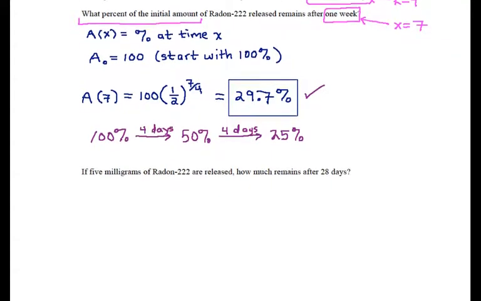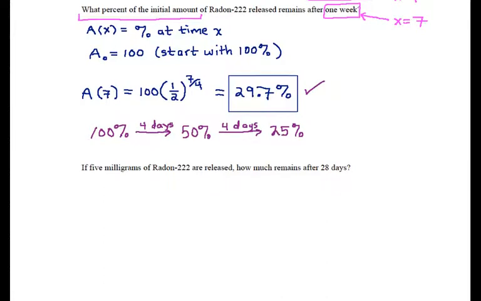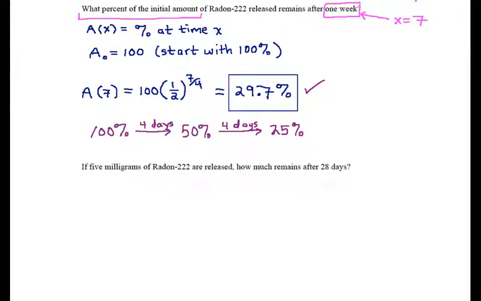In the next question, we are asked about a specific amount released. We're saying, what if we know that 5 milligrams were released? Then how much remains after 28 days? So in this case, we would say 5 milligrams, that's my A naught. That's my initial amount.